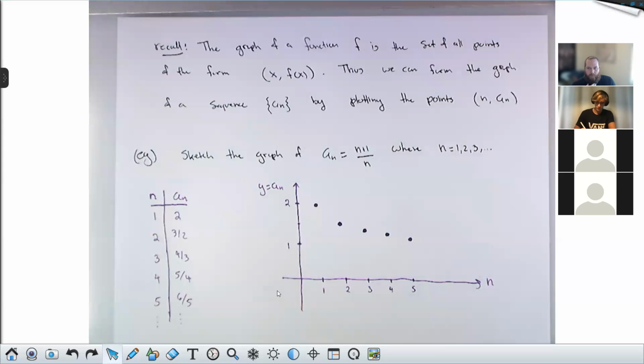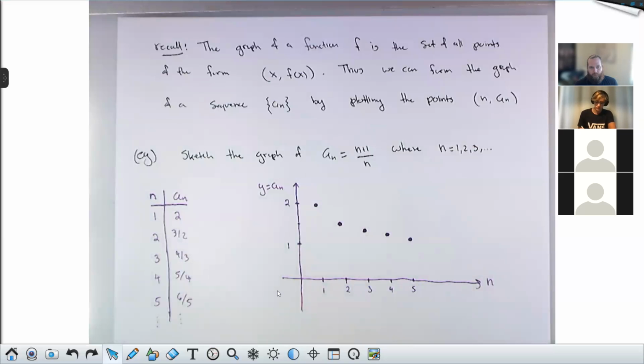The big difference between the graph of a sequence and the graph of a function of a real variable is that here you only have these isolated points. There is no curve connecting these points. I'm sure you could draw a curve in here, but that curve would not be the graph of a sequence anymore.